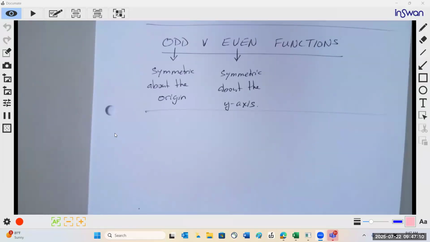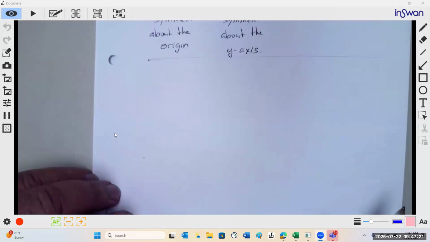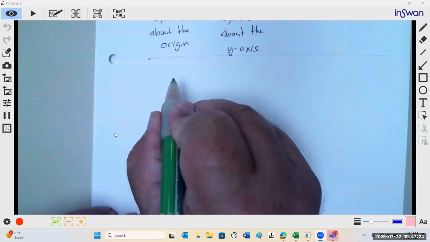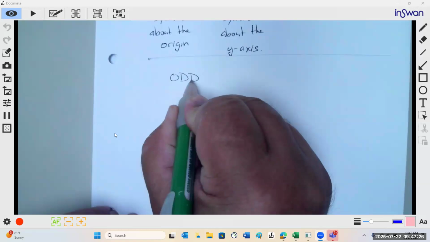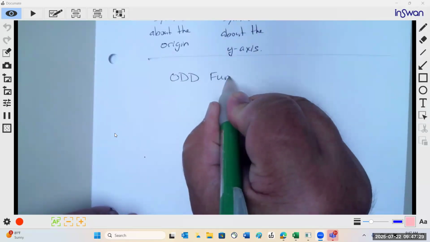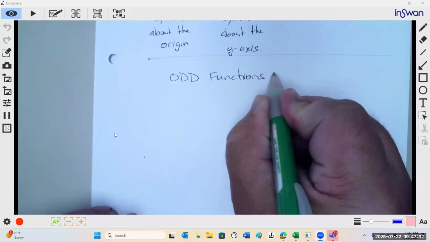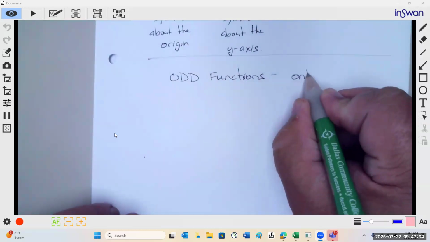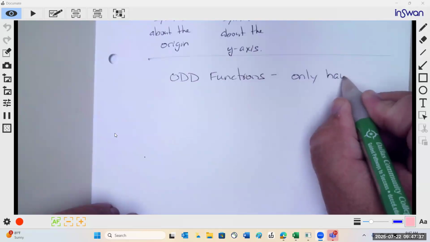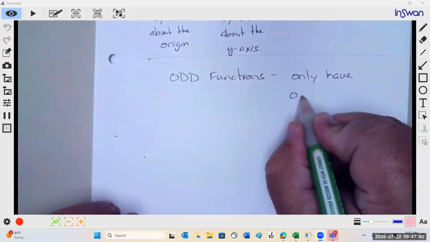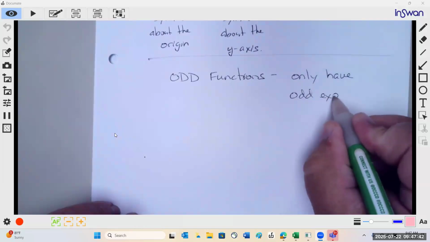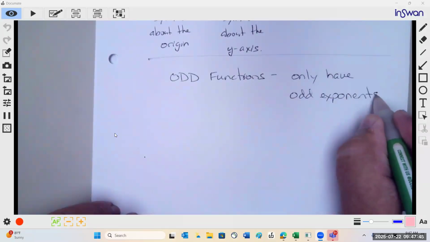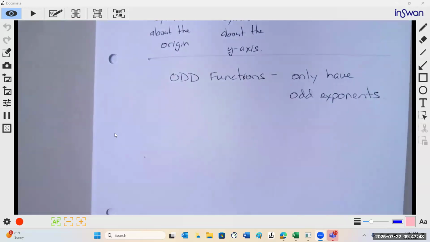I can go through a whole litany of examples here, but because we're short of time, we only have about 10 minutes left, I'll give you the shortcut. Odd functions only have odd exponents.